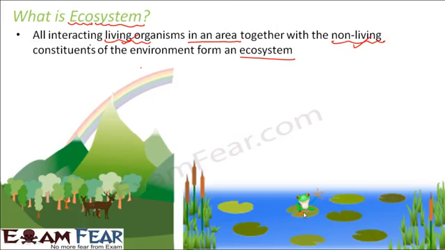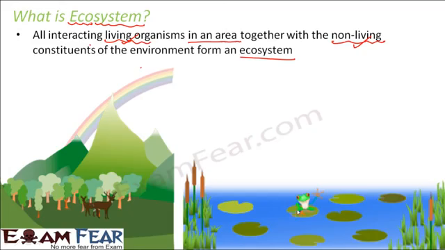All their needs are there, so the pond is able to fulfill all the needs of the living organisms for their survival. At the same time, there are a lot of non-living components present inside the pond, for example soil, water, dissolved oxygen. So the pond in itself is self-sufficient.